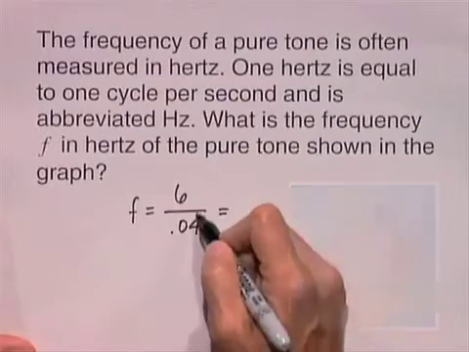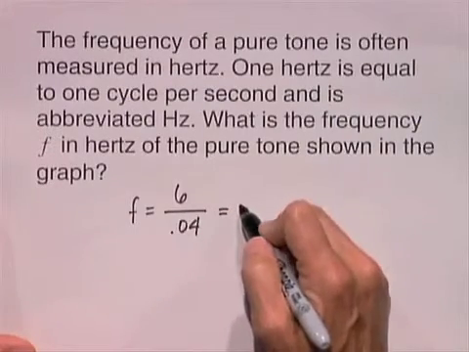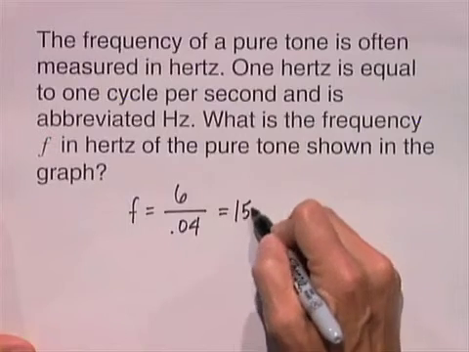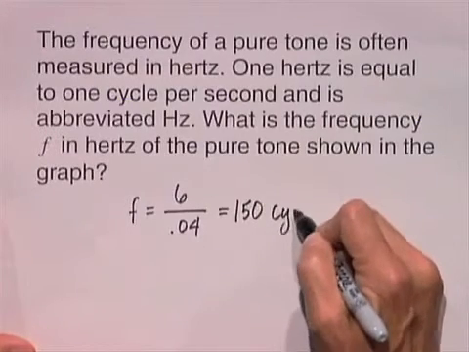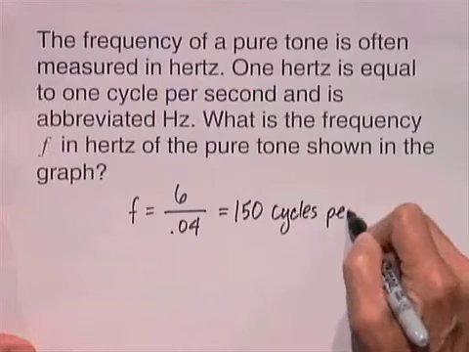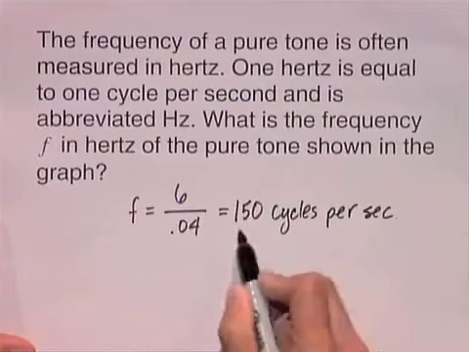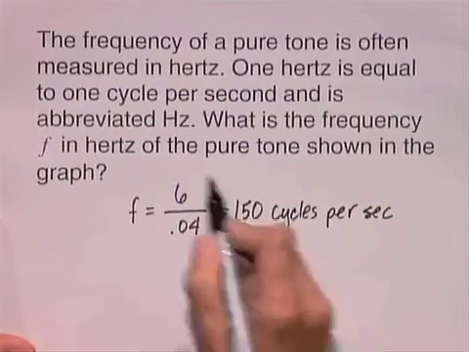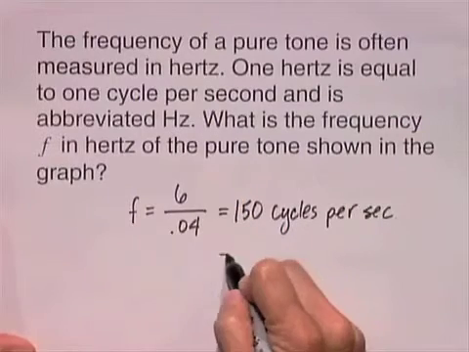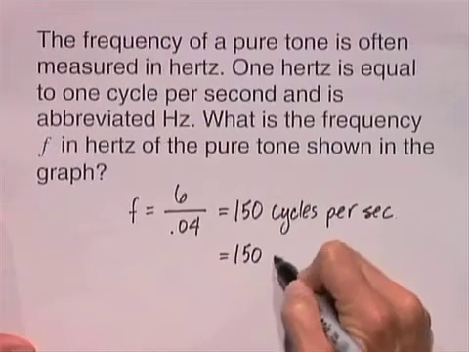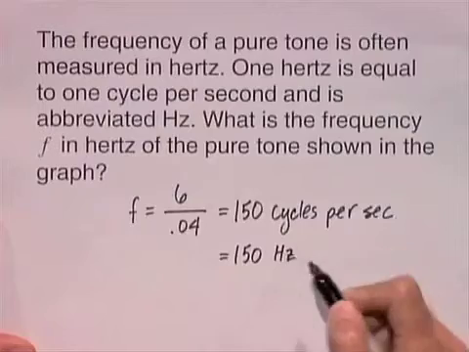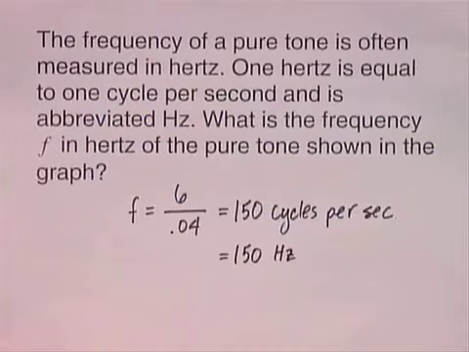If you divide that either by hand or with a calculator, it comes out to 150. The units here are cycles per second, 150 cycles per second. But as we see in this description, we can call that 150 hertz, and that's the frequency.